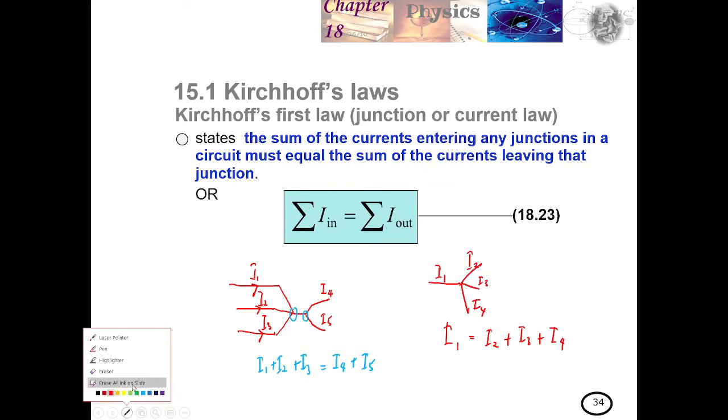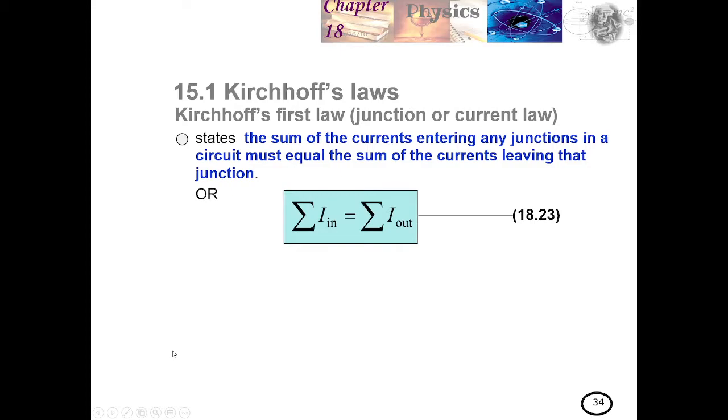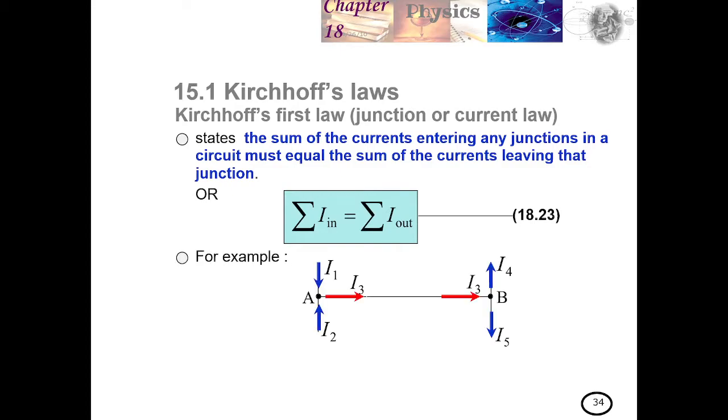So if we have an example, you have a junction A over here. A junction is where two or more wires intersect, combined or separated.